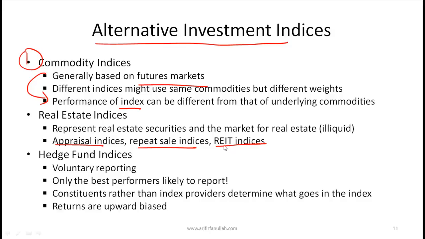REIT stands for Real Estate Investment Trust, and very simplistically put, these are like a mutual fund of real estate investments. We will see this in detail later, but briefly the idea being that investors pool their money, and that pool fund goes to buy a portfolio of real estate investments, and REIT companies then issue shares or stocks or units, and those units, their pricing is based on the value of the underlying real estate investments.